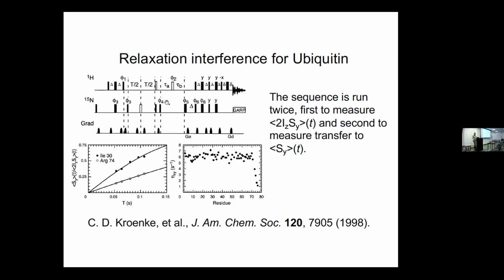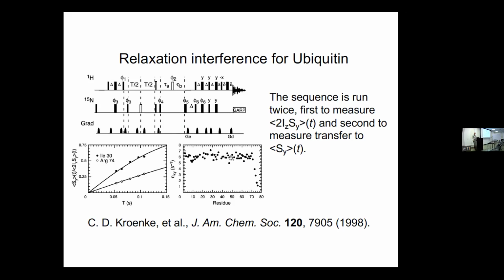And then we select one or the other by moving this pulse around, or these two pulses around. And then the ratio of the two builds up as a hyperbolic tangent. The hyperbolic tangent fit to the data gives the rate.